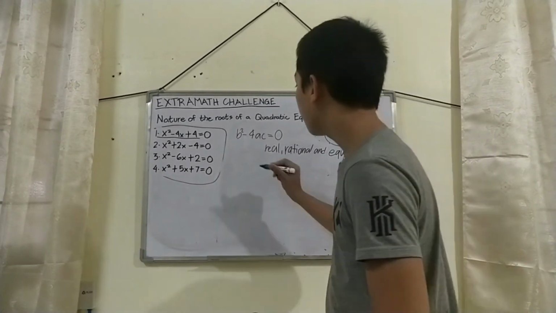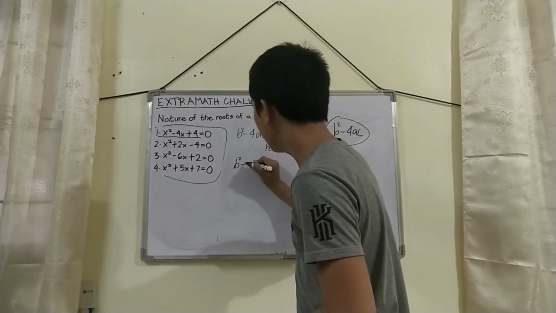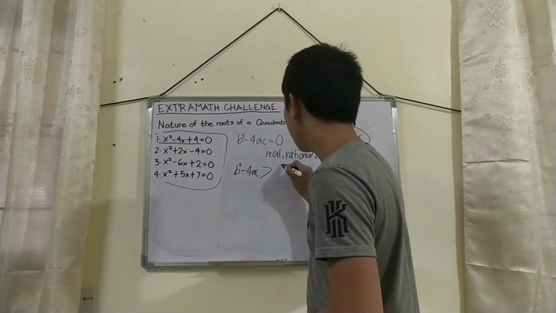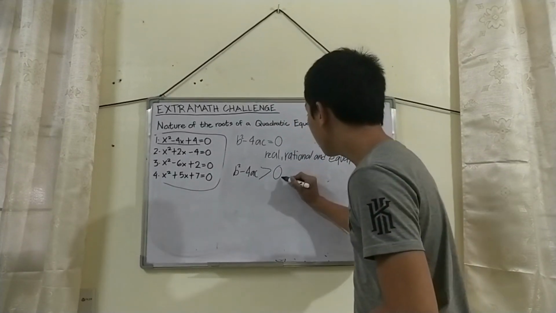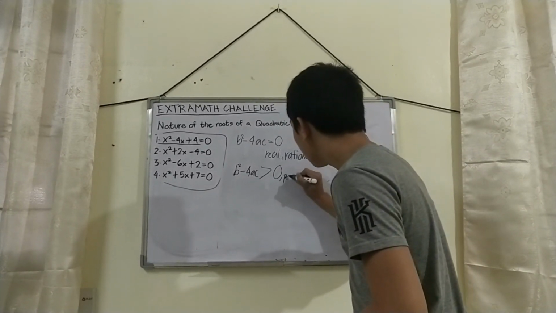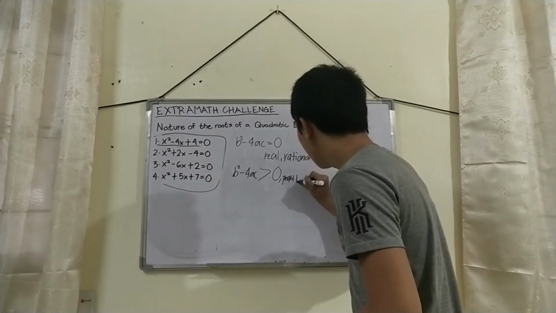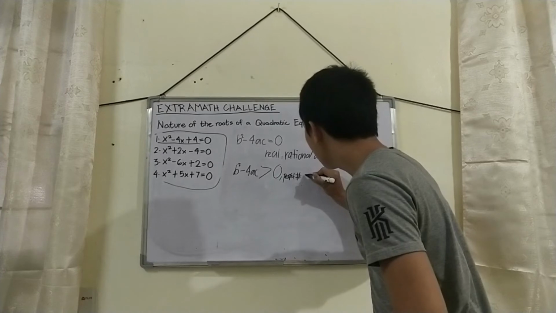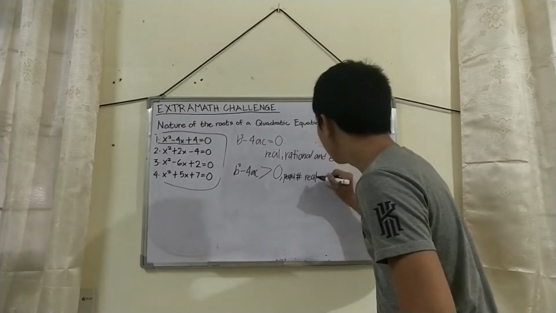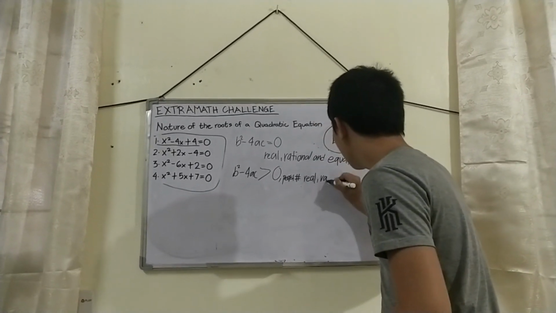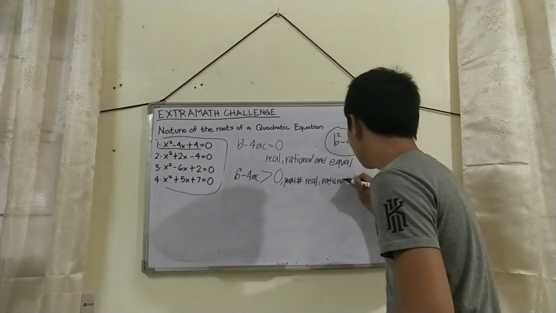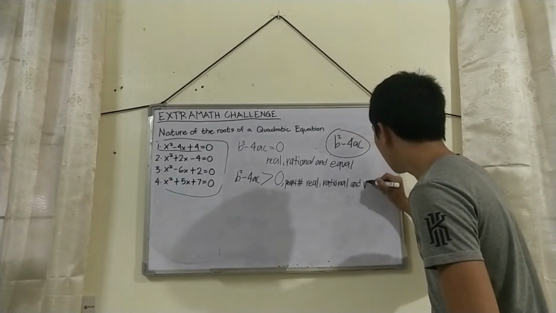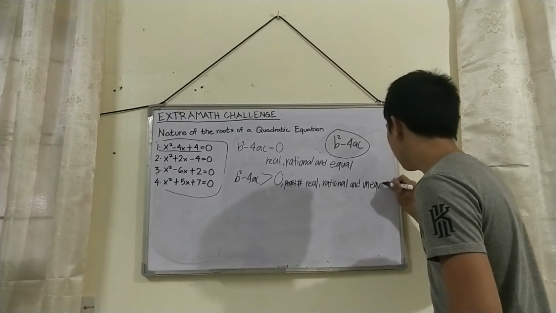The second case, if b squared minus 4ac is greater than 0 and it is a perfect square number, then the nature of the roots is real, rational, and unequal.